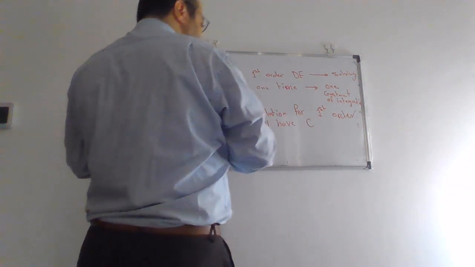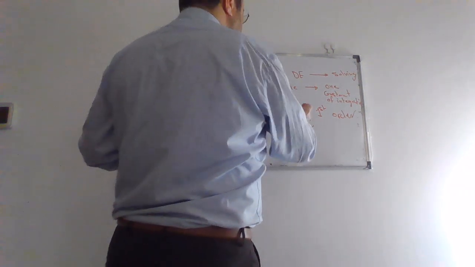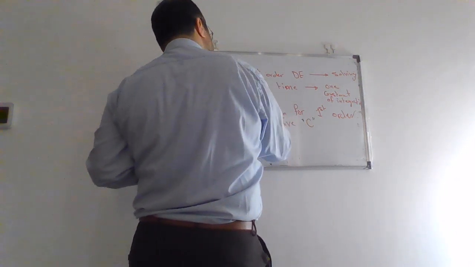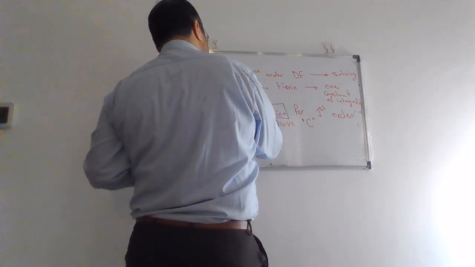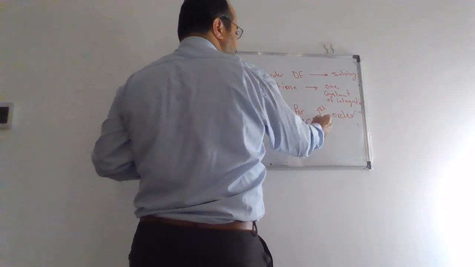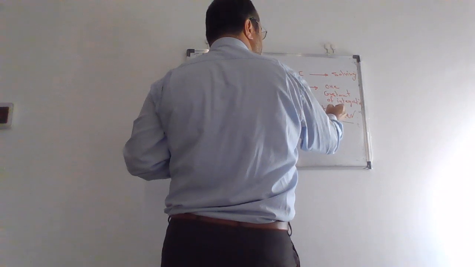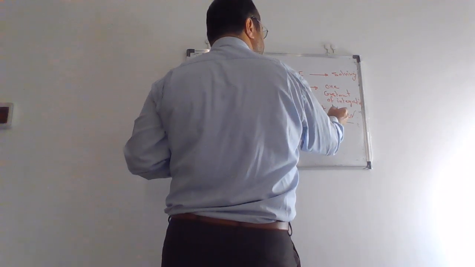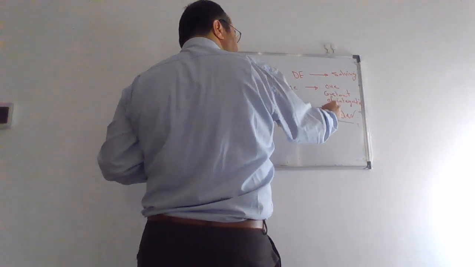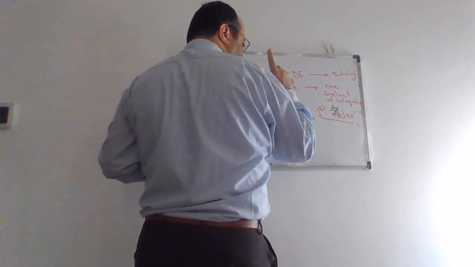It will have one c, so one constant of integration. Note that from now on I will start calling the general solution GS. So for first order, you have one derivative, right? One derivative. Then to find y, you need to integrate only one time.